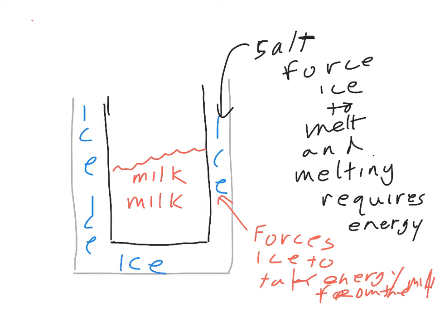Now, eventually, once all the ice that's going to melt due to the addition of the salt has melted, you're in thermal equilibrium again, but you're in a thermal equilibrium now that's well below zero.